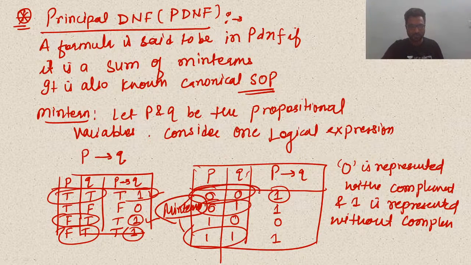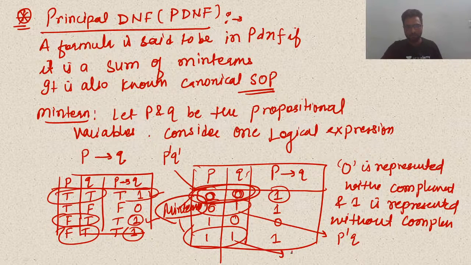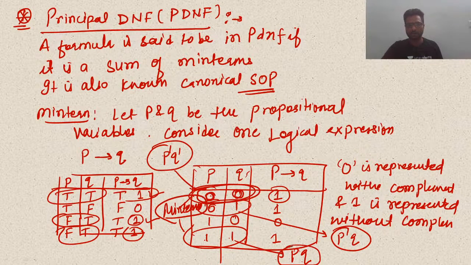So in this expression, 0 0 is there, so we will represent it with complements, that means p dash q dash, and this minterm will be represented with p dash q, and this one will be represented with pq, because 1 is represented in unprimed format and 0 is represented with p dash, which means a complement. So three minterms are there. First one is p dash q dash, second one is p dash q, and third one is pq.